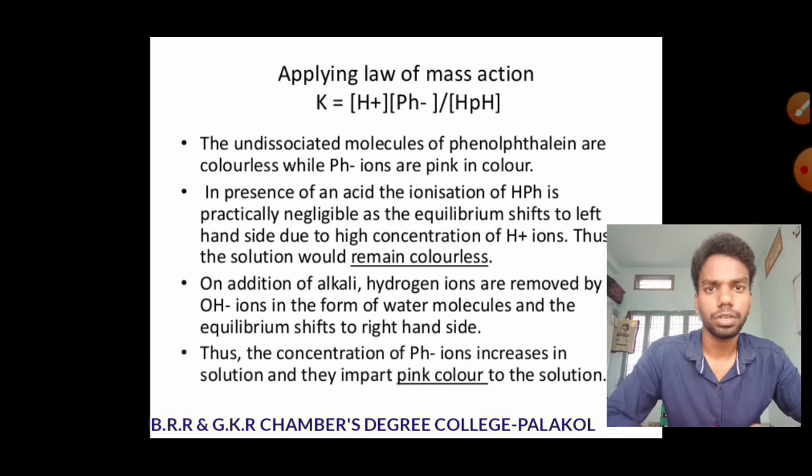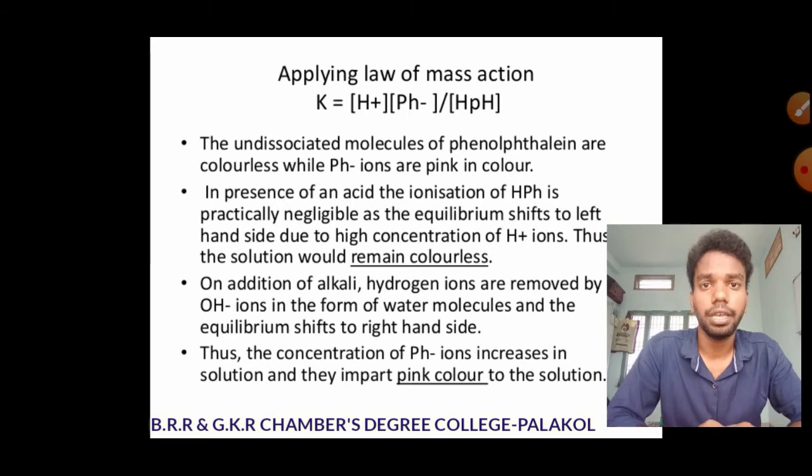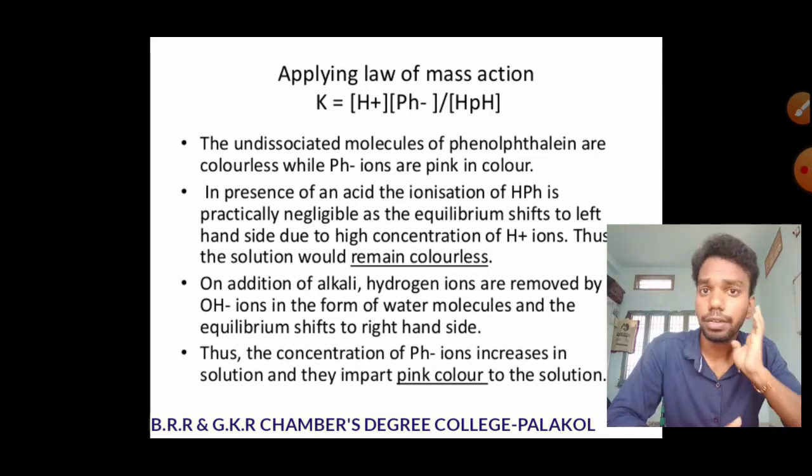The second case is in the presence of a base, an alkali. For example, if you are taking a base like NaOH in a conical flask, NaOH dissociates into Na+ and OH-. Now we are adding 1 or 2 drops of phenolphthalein indicator, which dissociates into H+ and Ph-. The ions present in the flask are Na+ and OH-.